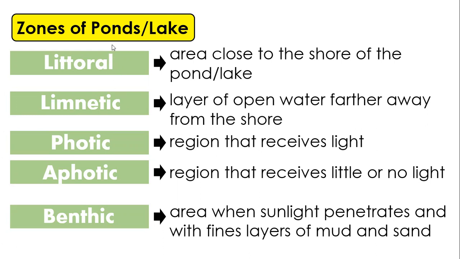We can easily find most of the organisms in the photic zone and benthic zone. So if you try to catch fish or get some seafood or sea creatures in order to make them as food, you need to go to the photic or benthic zone so that you can catch some.